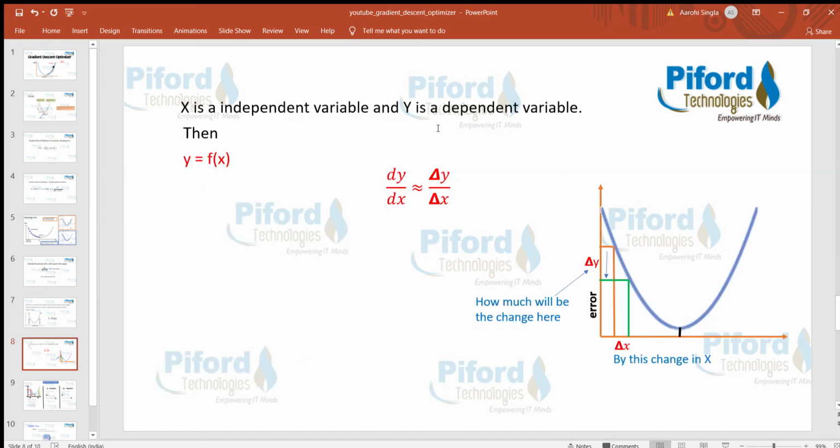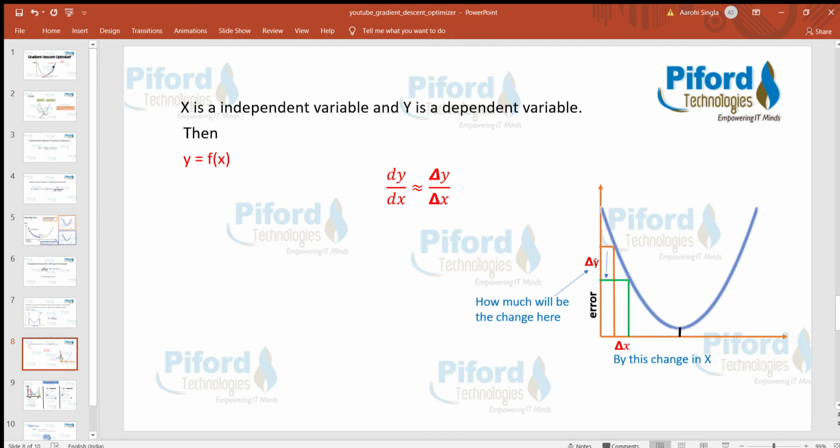From the last two slides I've been talking about derivatives, right? So what exactly is a derivative? A derivative simply says what the change is in the dependent variable when there is a change in the independent variable. See this picture: this is the x-axis and this is the y-axis. Delta means change; delta x means change in x, delta y means change in y.